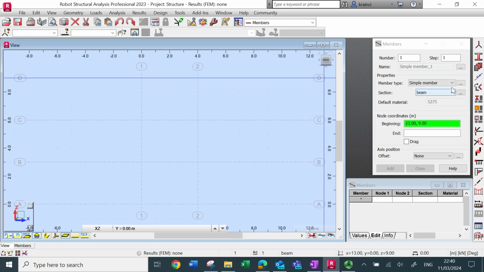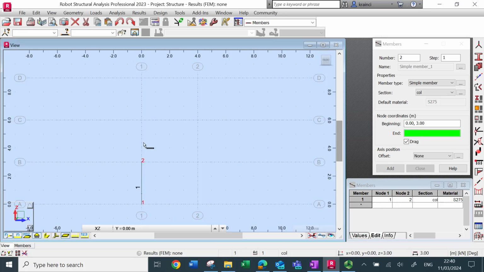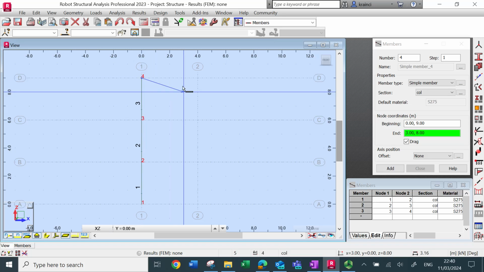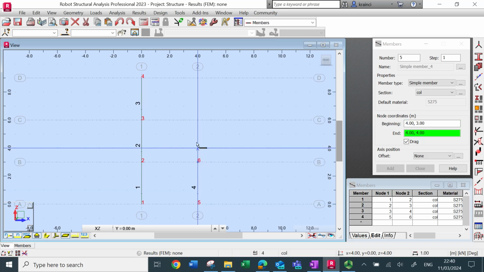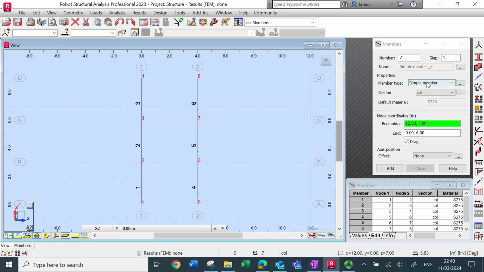And I will place first the columns. So column, if I click and drag, I can do it a bit more easily. So these are my columns, press escape, and now beam.